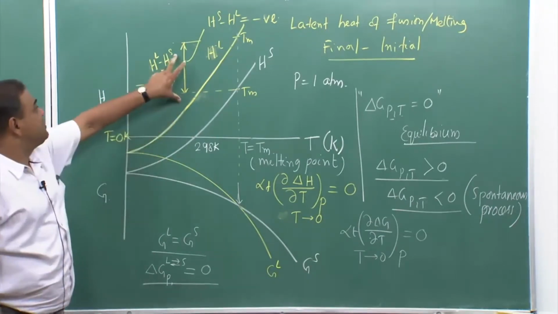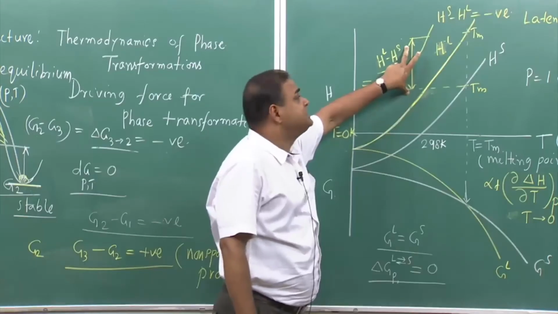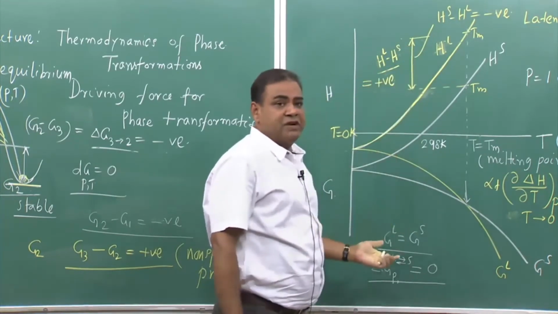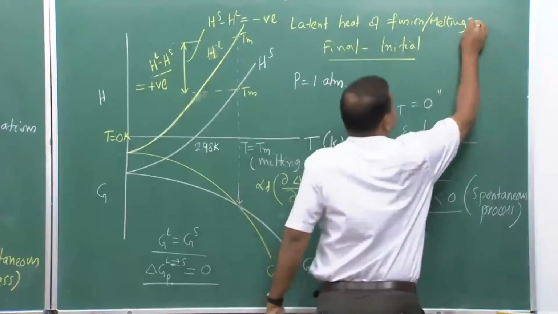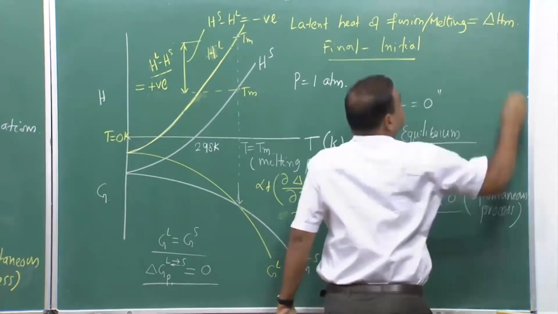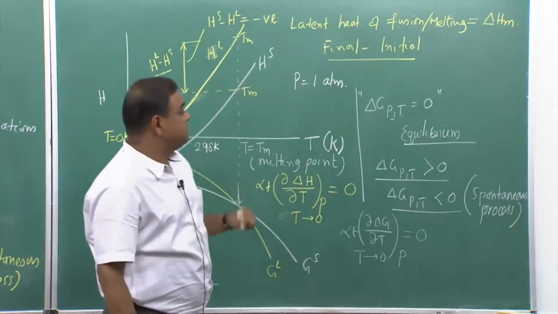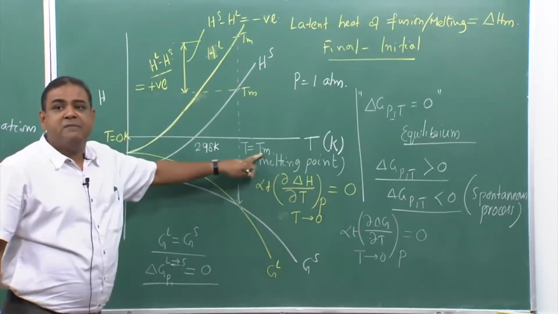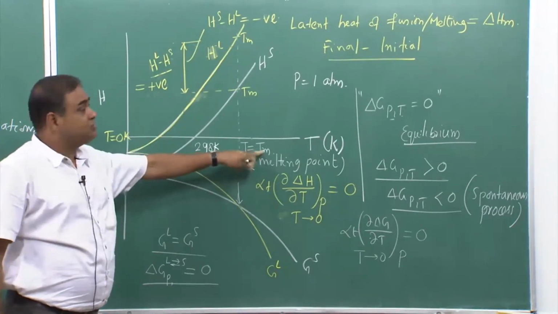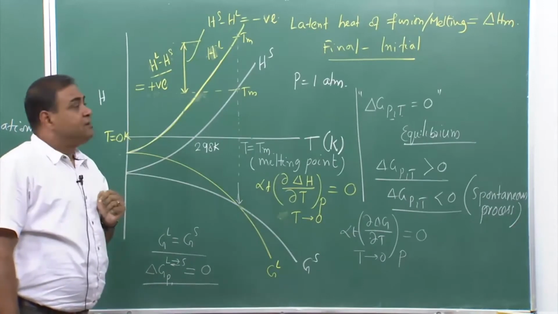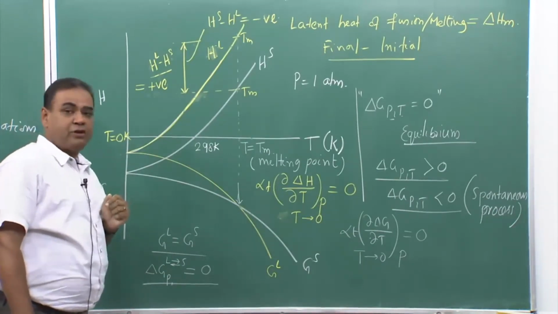So, that means this difference is a latent heat of fusion or melting. In our sign convention, we would consider this as delta H m, and here m is melting, here also Tm, m is melting. So, that means that is melting enthalpy or latent heat of fusion or melting.